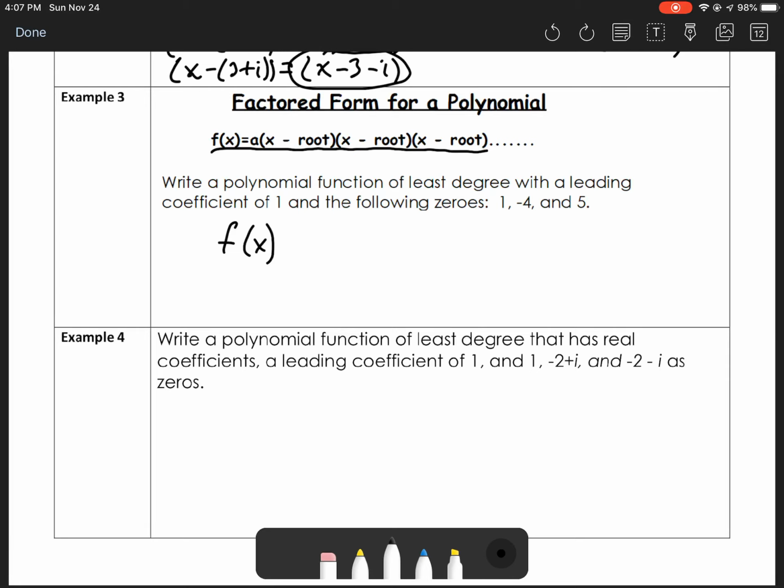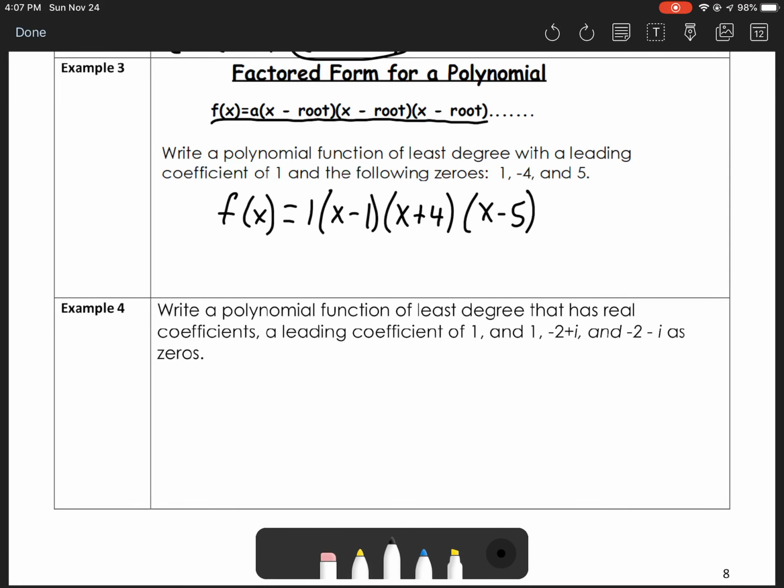So it's going to be f of x equals, we can put the 1 in place of a, and then it's going to be x minus our first root, which is 1, x minus our second root, negative 4 makes it plus 4. Lastly, it's going to be x minus 5. And there we go, there's our answer.